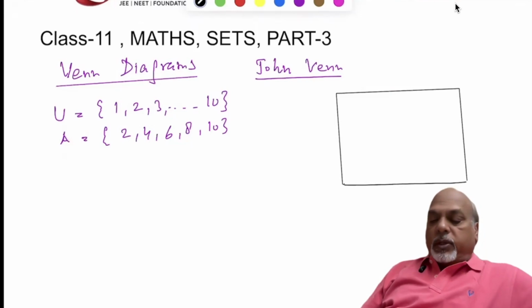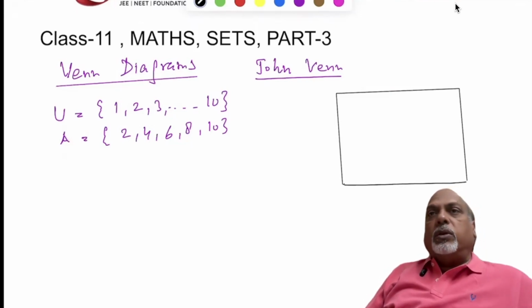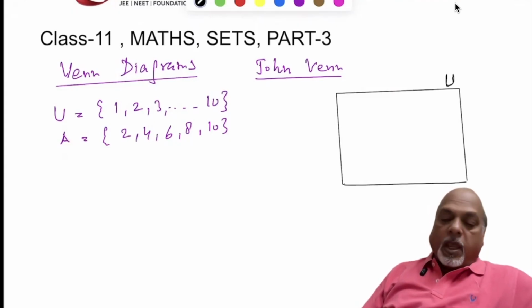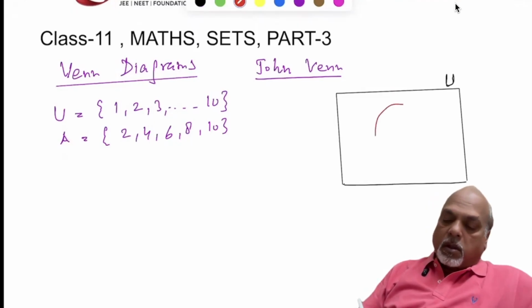Here, this rectangle shows your universal set, correct? Then we can make a circle.